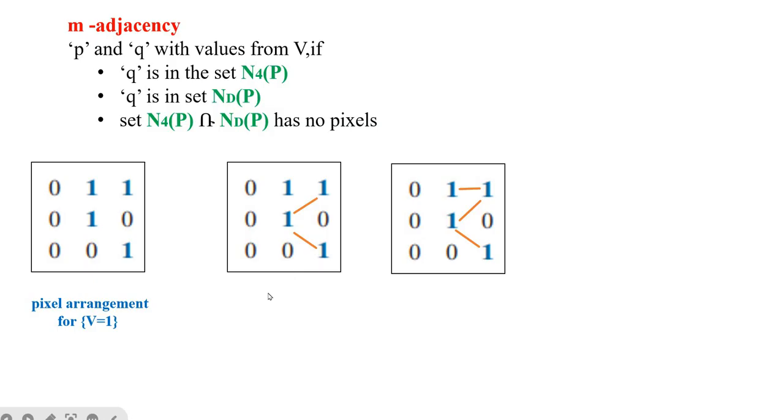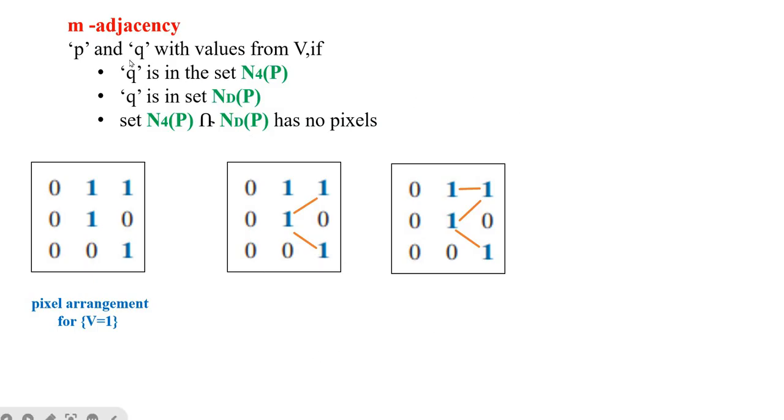I can have different paths, but because this consists of 4 adjacency as well as 8 adjacency, this will create some ambiguity. When we make the connection, we need to make sure that it is unique. That is, there must be a unique path between the elements, and it must not give rise to any ambiguity like this. So here it must be unique.